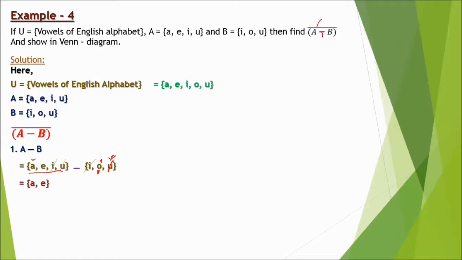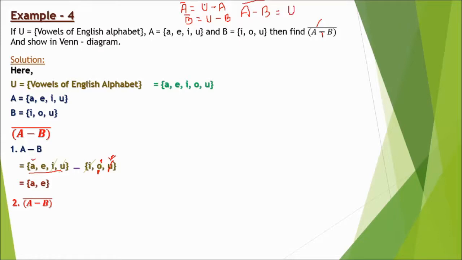Now we have to find the complement of A difference B. Remember, complement of A difference B. Now this is what we have to find, and we know the formula: A complement is written as U minus A. B complement can be written as U minus B. So we can write A minus B complement as U minus, as we know U will be there.